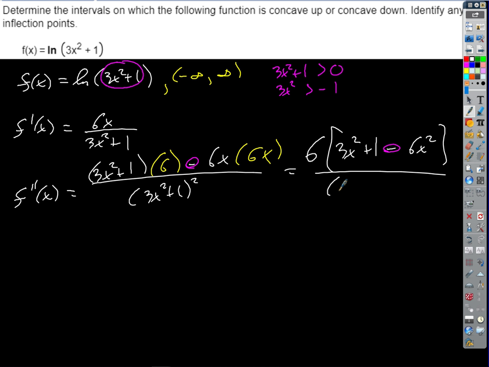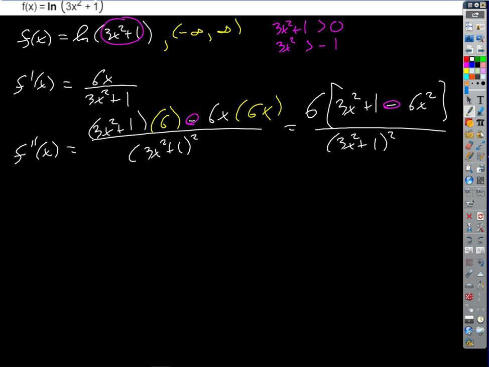All divided by 3x squared plus 1 squared. So that's going to give me 3x squared minus 6x squared, so 1 minus 3x squared.